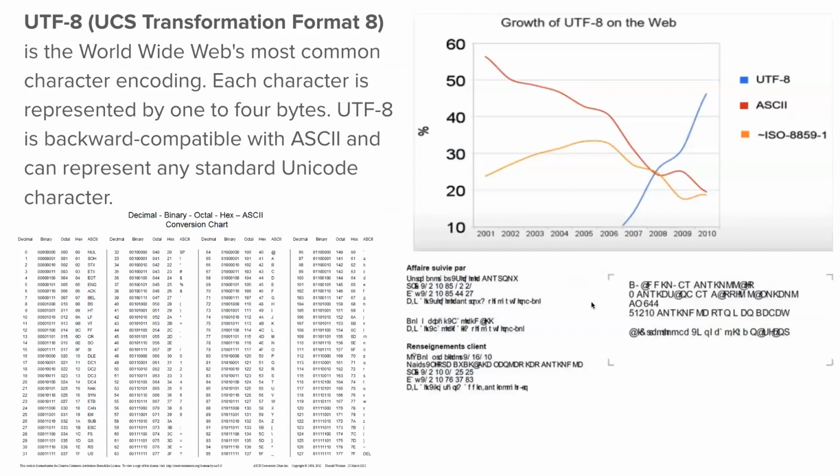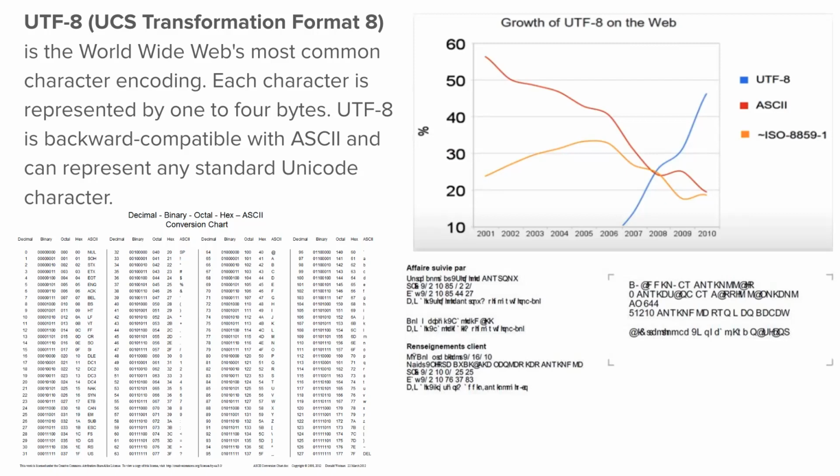Now, before we go into further detail, I'd like you to be more familiar with UTF-8, UCS Transformation Format 8. So every digital text is encoded. It is encoded in Chinese, in Japanese, in Latin, in Arabic, in Farsi.